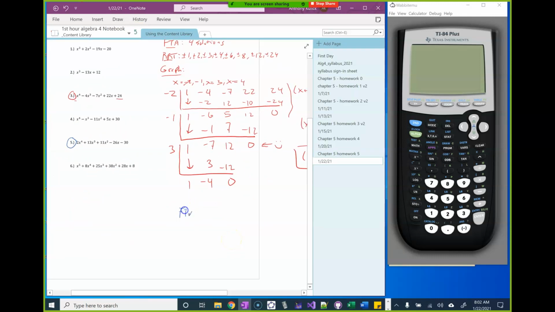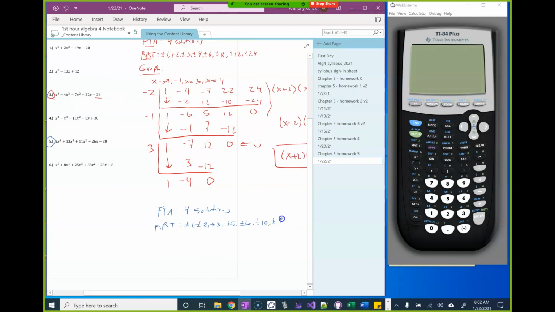So 5, again, we'll start out by observing that we should have 4. And if we look at our rational roots theorem, we're going to have the factors of 30 divided by the factors of 2. So my factors of 30 are 1, 2, 3, 5, 6, 10, 15, and 30.